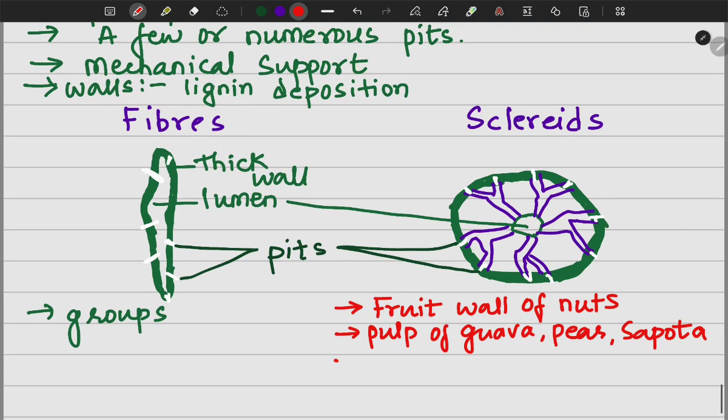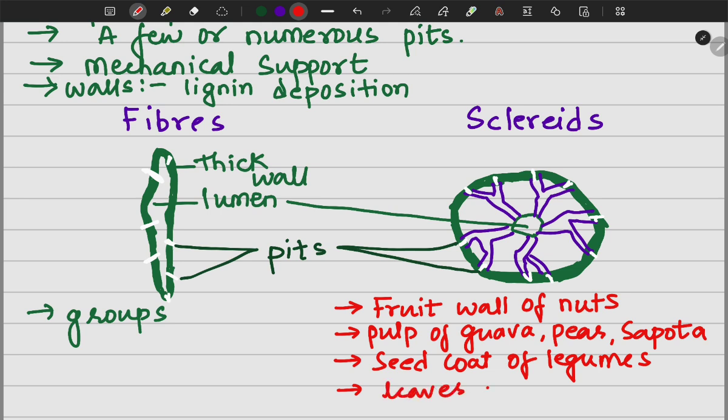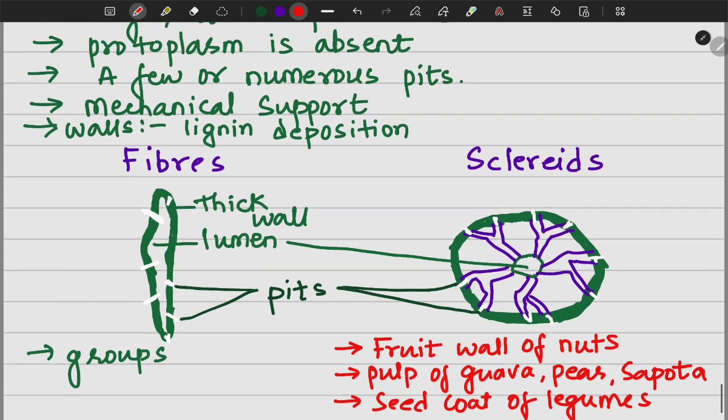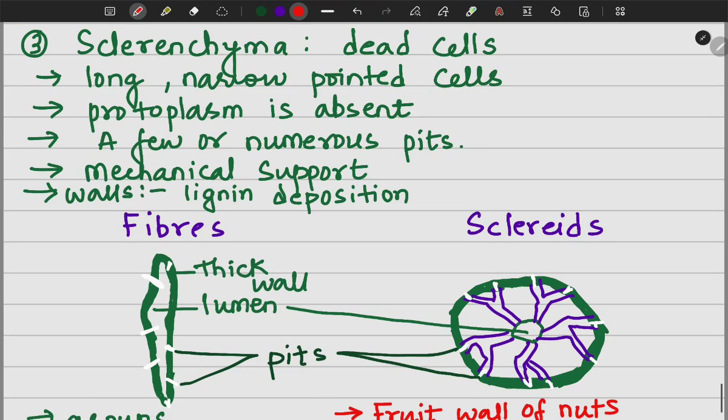Besides this, they are also found in the seed coat of legumes. So leguminous seeds, for example pea and gram, not in pea but in gram, you will find that the seed coat is very tough. That is because of the sclereid, and they are also found in the leaves of tea. Alright, so this was about the sclerenchyma cells, which are mainly dead cells.